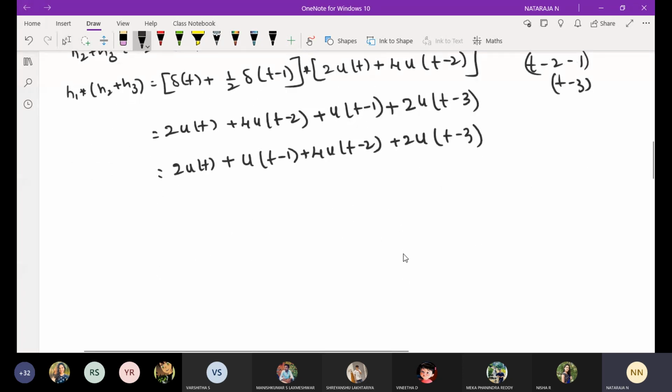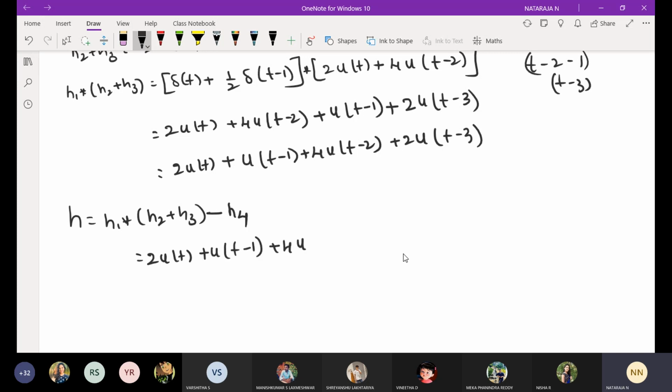In the next step, the total response H is equal to H1 convolved with H2 plus H3, which we already have, minus of H4. I will write 2u of t, the same equation we already got, plus u of t minus 1 plus 4u of t minus 2 plus 2u of t minus 3.